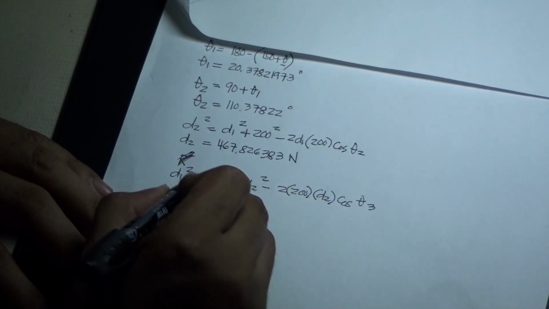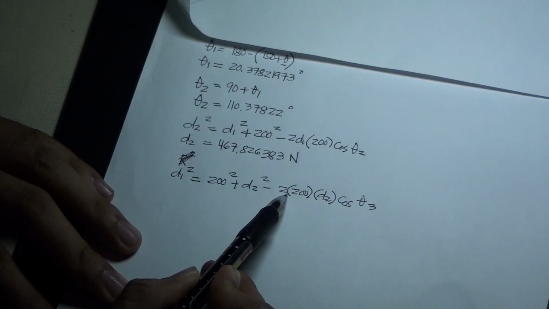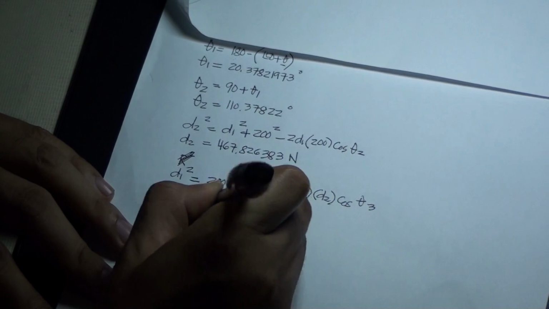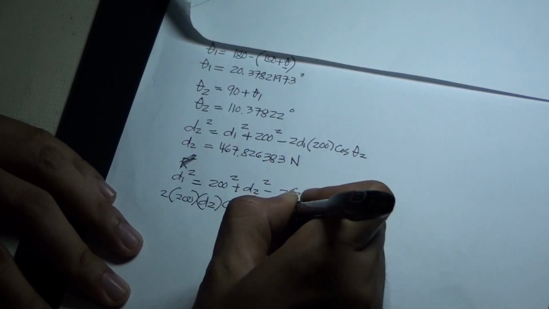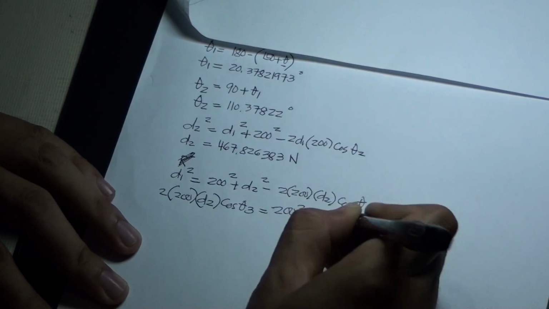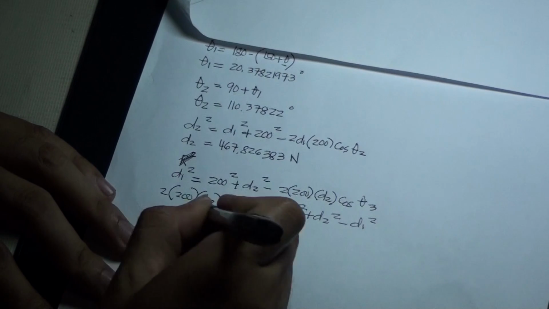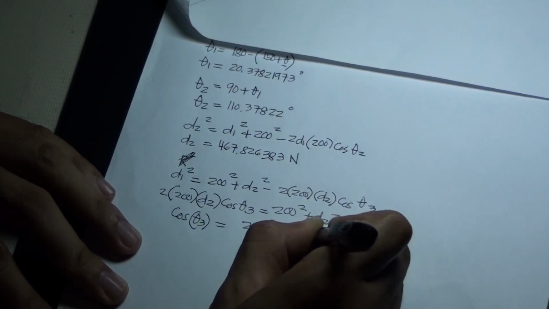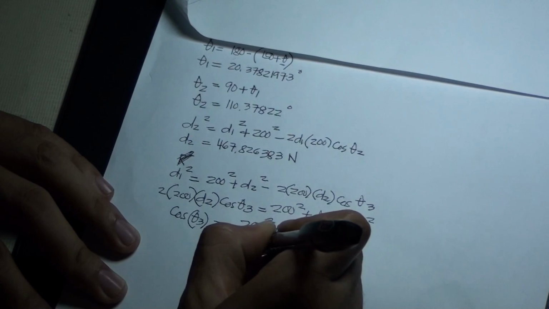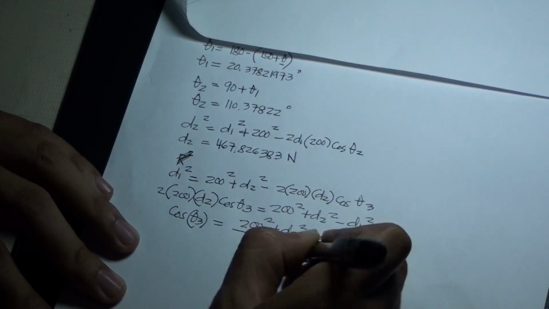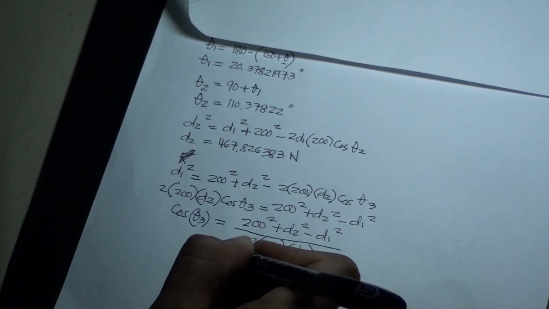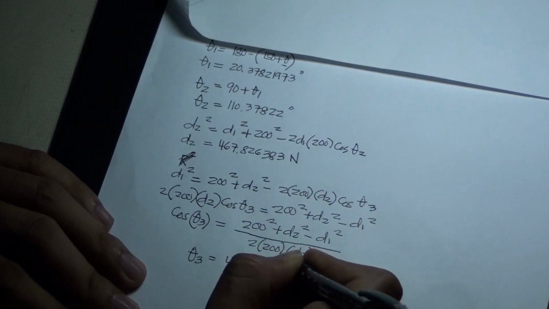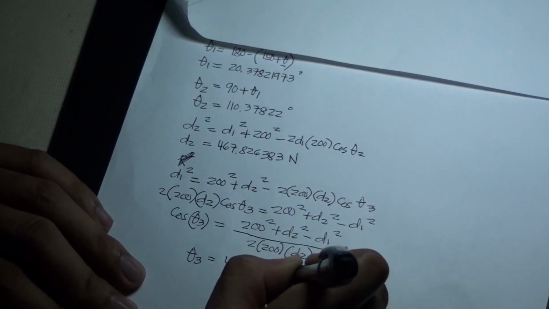So from that, we can transfer this to the other side, for this term to become positive, ending up with this, such that cosine theta sub 3 is equivalent to 200 squared plus d sub 2 squared minus d sub 1 squared, all over 2 times 200 times d sub 2, ending up with theta sub 3 equivalent to 45.9965118 degrees.